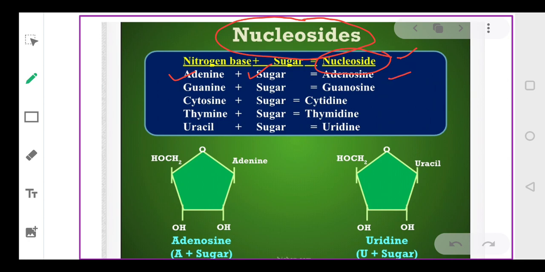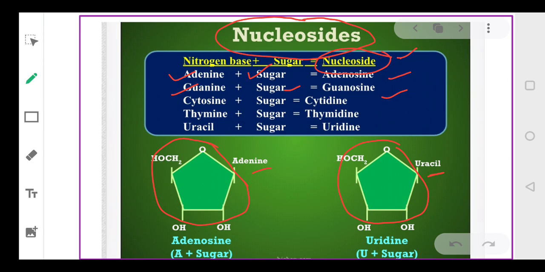अब आप स्ट्रक्चर देखिए, this is your pentose sugar. Can you see, this is a pentose sugar. It joins with adenine and we call it adenosine. Second, guanine will join with sugar, it will form guanosine. Again you look at this, this is your pentose sugar and the uracil. So this will form your uridine.